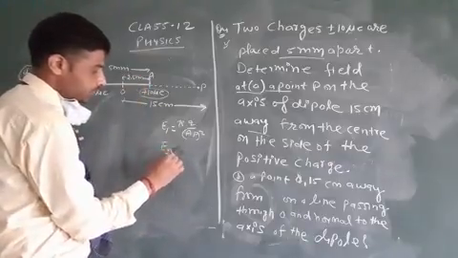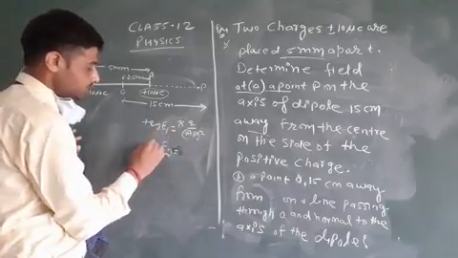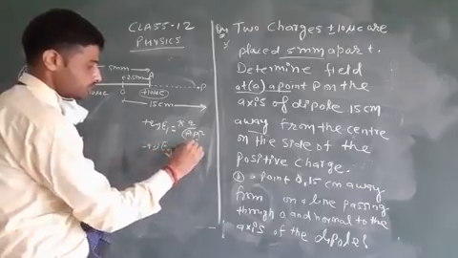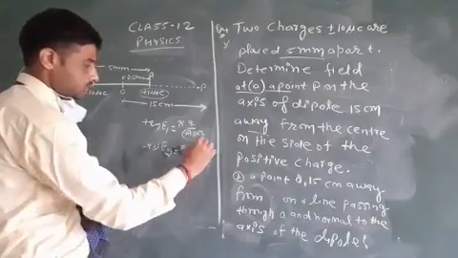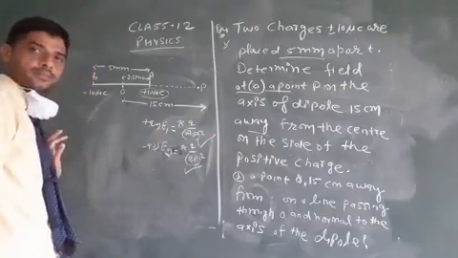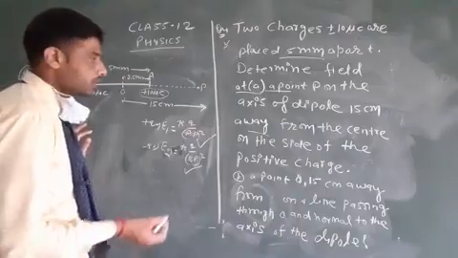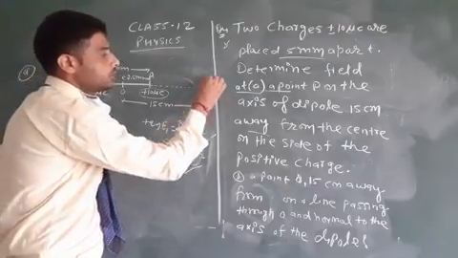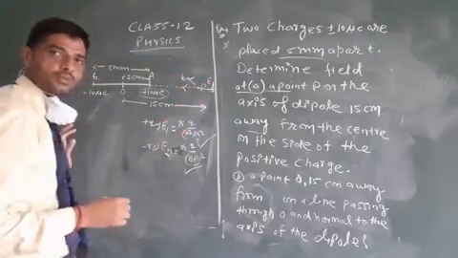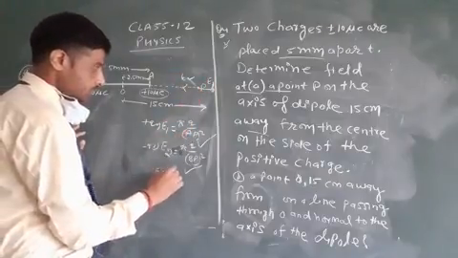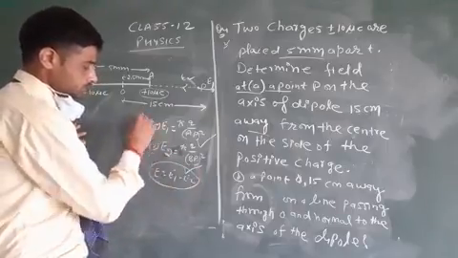After that you can find E2, which is due to the minus charge. Clear? And by using the addition of vectors, because E1 acts outward and E2 acts inward, E equals E1 minus E2. So this is your answer.